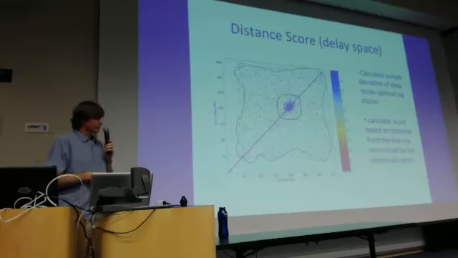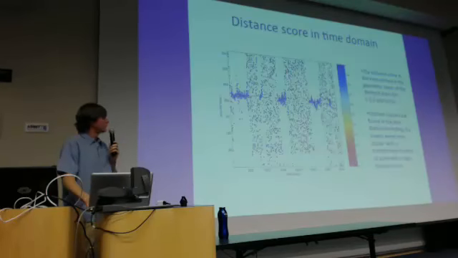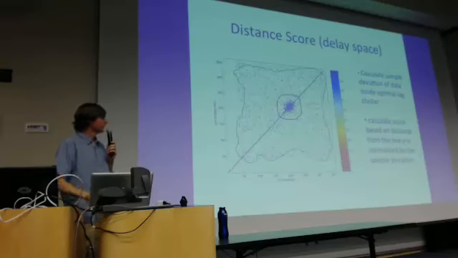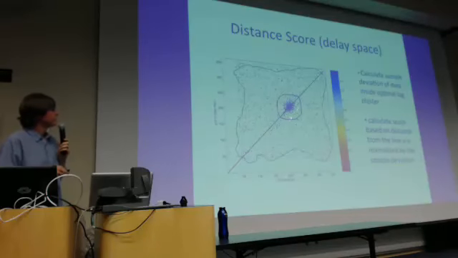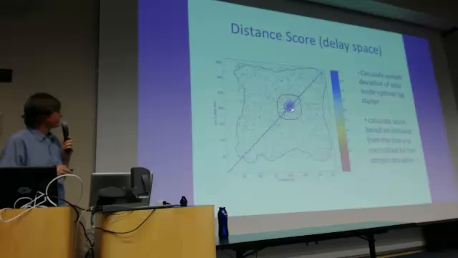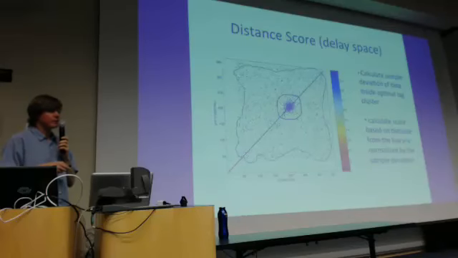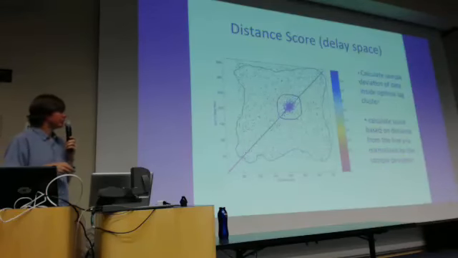Going back to the case where we had the block noise, this is the associated delay space of that time series. You can see here we found a cluster that contains most of the data using that hierarchical clustering algorithm. From that, you can calculate a z-statistic type score and assign that score to your data points.